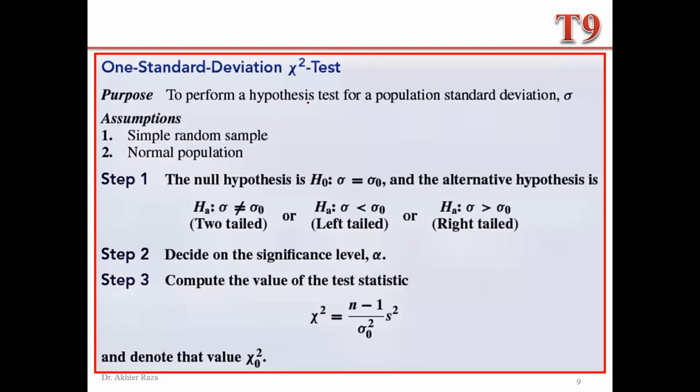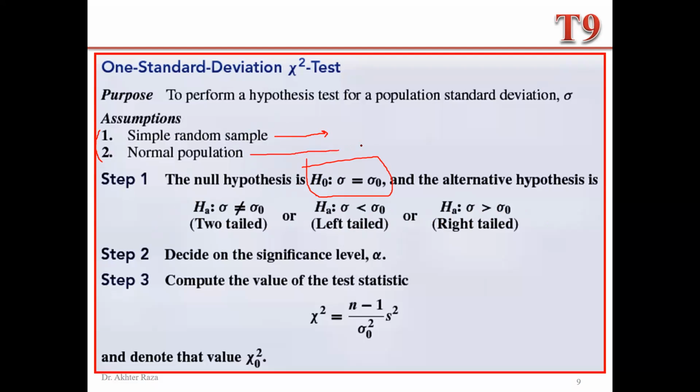In this procedure, the null hypothesis will be sigma is equal to sigma naught, with the three options for the alternate hypothesis: sigma is not equal to sigma naught, sigma is less than sigma naught, or sigma is greater than sigma naught. Depending on the situation, we have to set any of the alternate hypotheses. These are the two major assumptions. First, a simple random sample; if the data is not random, we cannot apply this chi-square distribution.